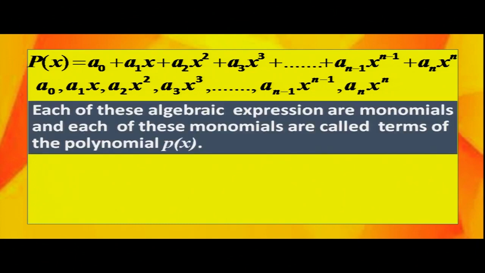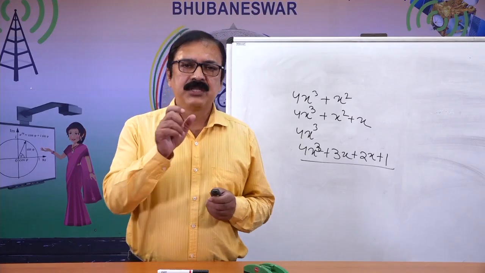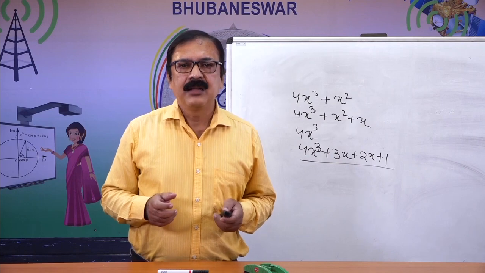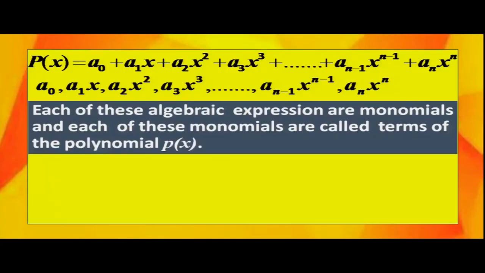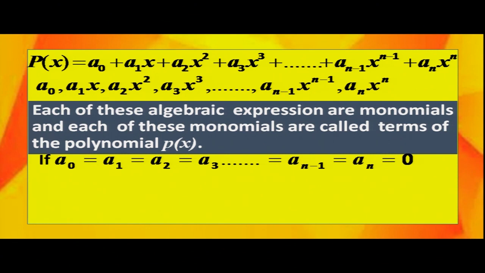Each of these algebraic expressions is a monomial, and each of these monomials is called a term of the polynomial p(x). As it is written that n is a non-negative integer, each term is a monomial, and each monomial is a term of the polynomial p(x).